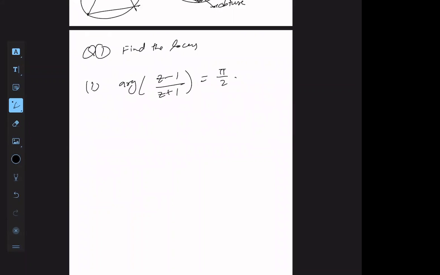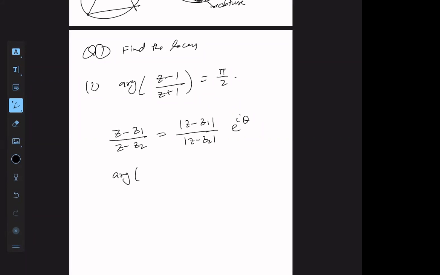Now see, I am going to relate it with z minus z1 upon z minus z2. This is the rotation theorem.